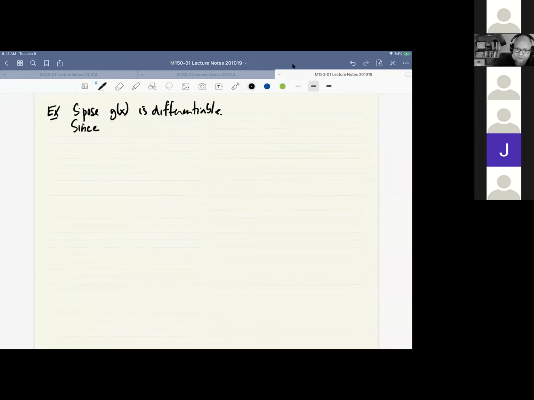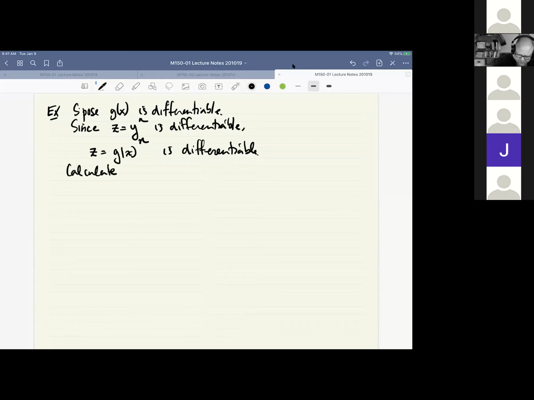Since z, which is y to the nth power, the power function, is differentiable, the function z equals g of x to the n is differentiable. Let's calculate z prime for n equals 2 and 3.